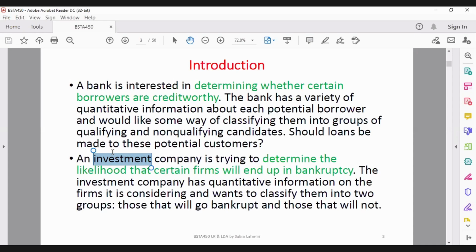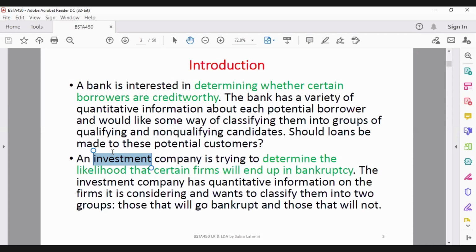The investment company has quantitative information on the firms and is considering classifying them into two categories: a group of bankrupt companies and a group of non-bankrupt companies.